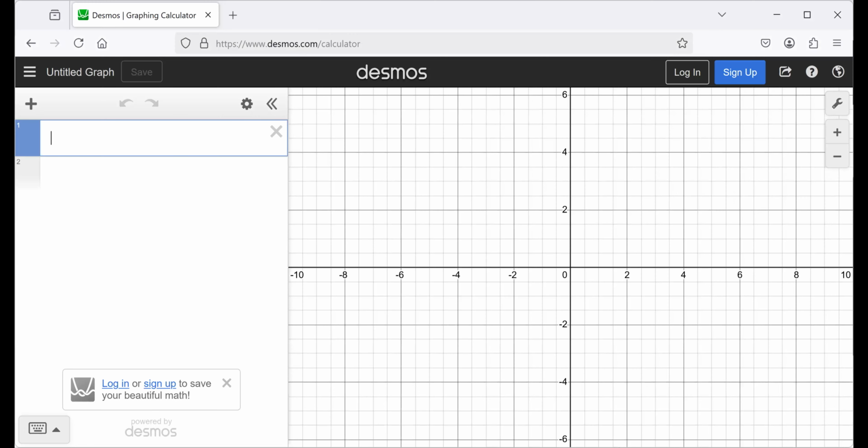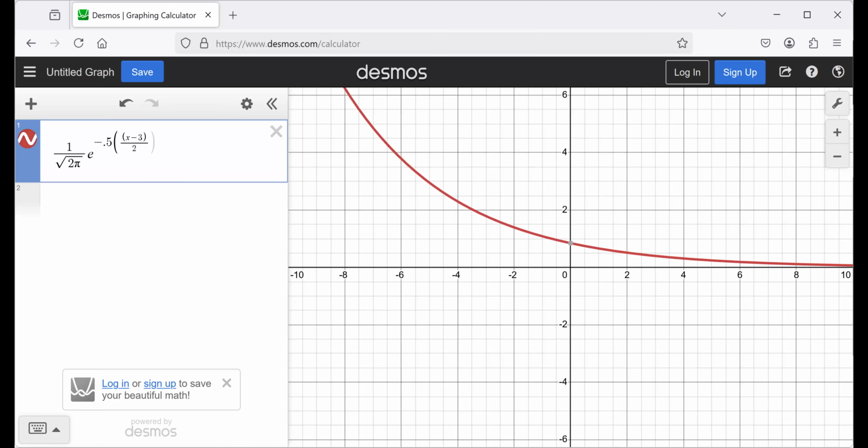So 1 divided by the square root of 2 pi times e raised to negative 0.5 times (x minus 3) divided by 2, squared.